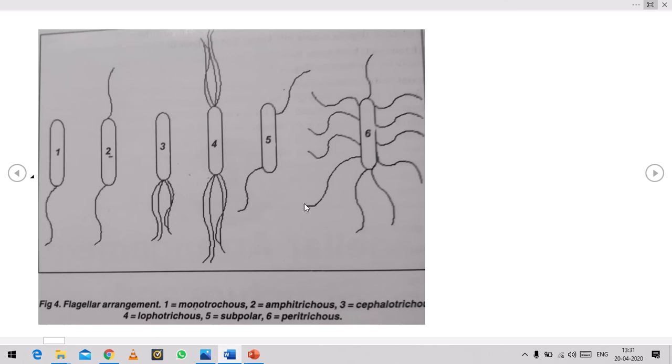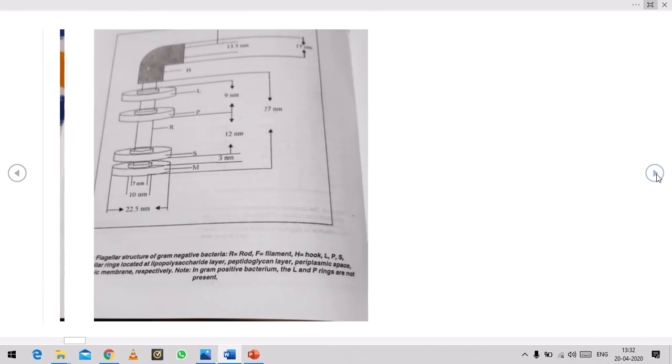Sixth is peritrichous, in which flagella are arranged on all sides of the bacterial cell. The examples are Erwinia and Pantoea.